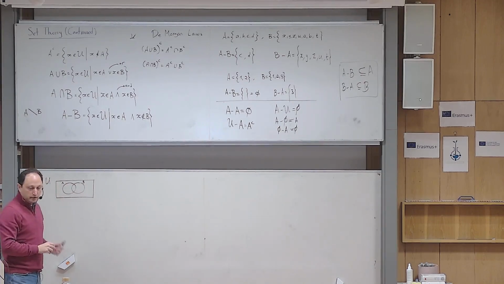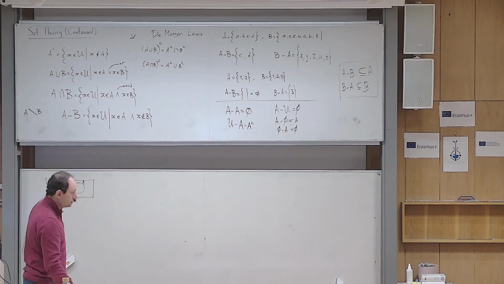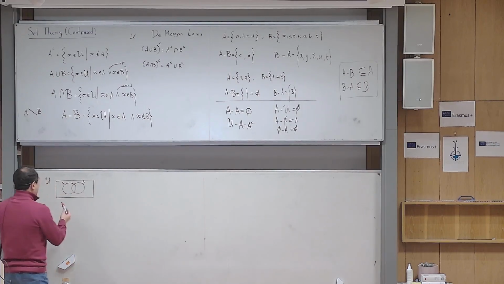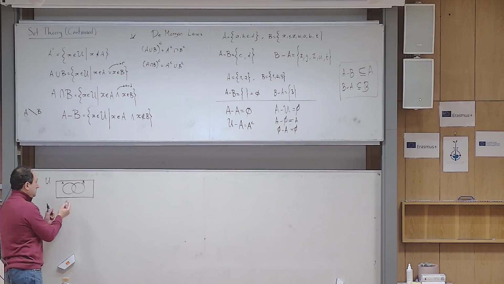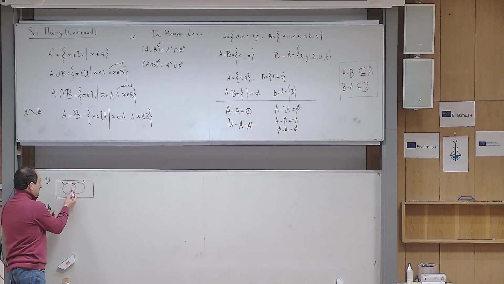If I want to color A minus B for you, where should I color? Those area, that region, which is within A, but not in B. So what is left? This part is left. Do you agree? Yes. Okay, so this is A minus B.